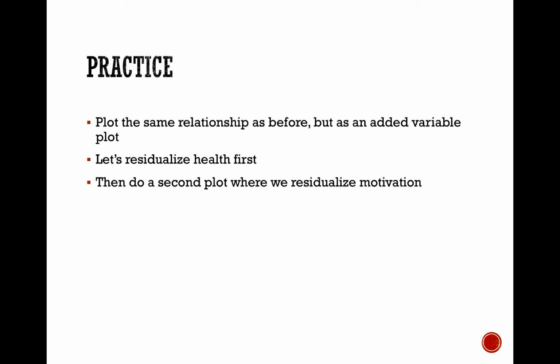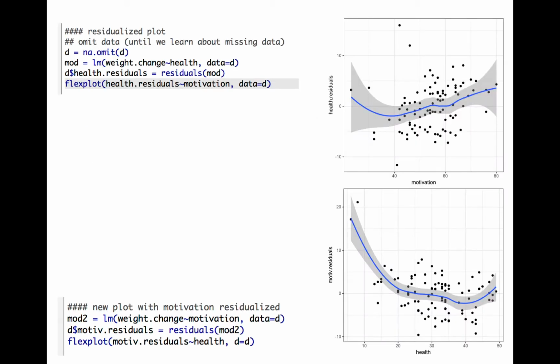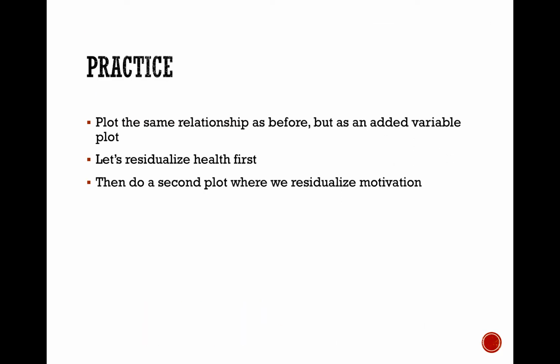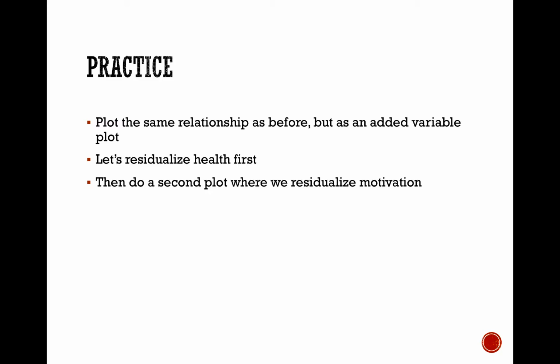Make sense? And by the way, that's good practice, especially if you're doing added variable plots, to look at it multiple different ways just to make sure you're getting the picture that you ought to be getting. All right, so to do it, pause! Don't look. Do it yourself. I'll wait. And then check your answers.